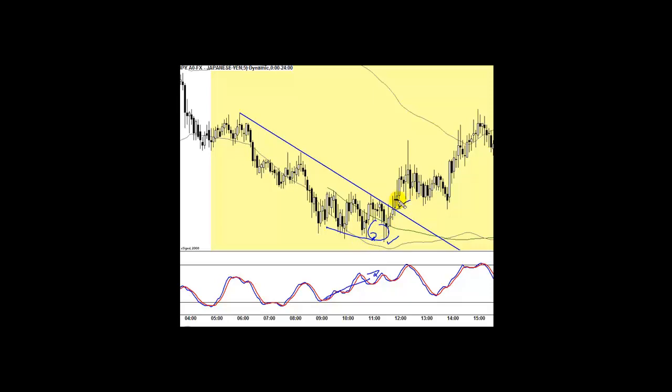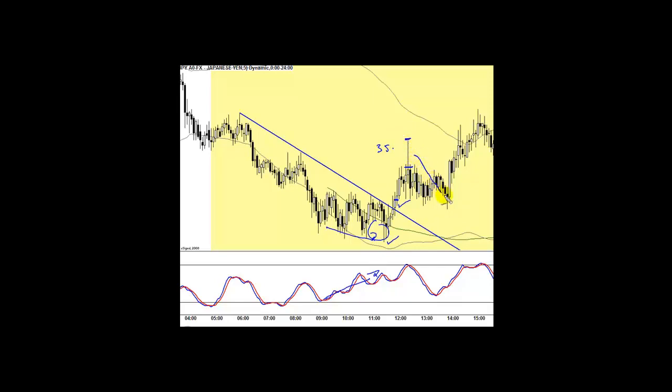We get the trend line break around here. We then get a move all the way up to 99.05, so that's about a 35 pip move. I would have wanted to go for 40 pips or more, but sometimes one doesn't get that. In fact, we would have had to get out for about 20 pips after that spike high. The chances of getting it on the top are very slim, of course.